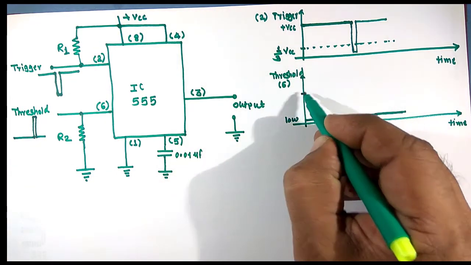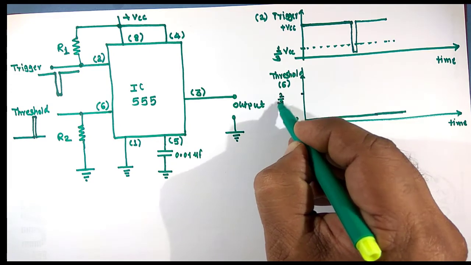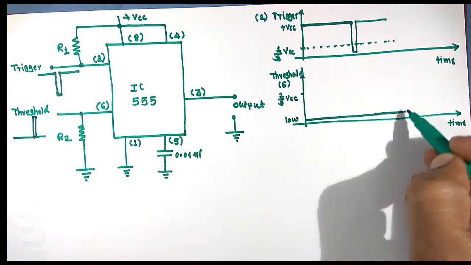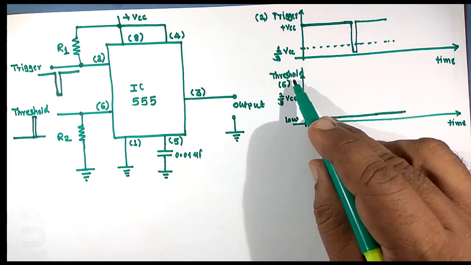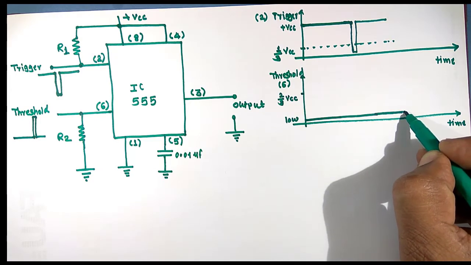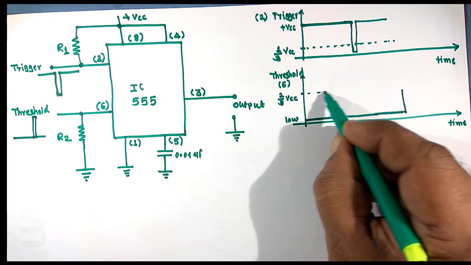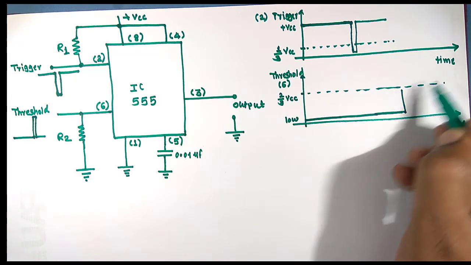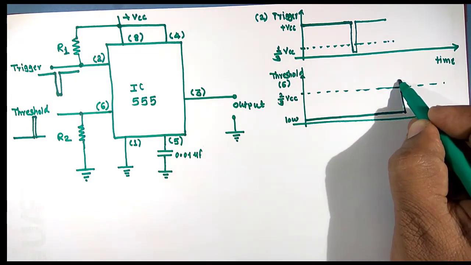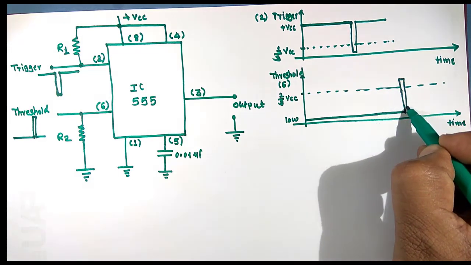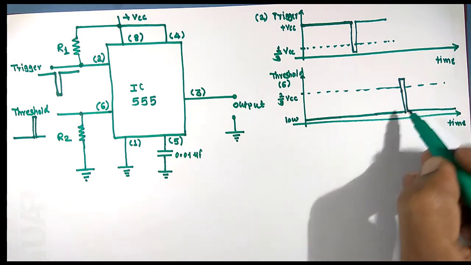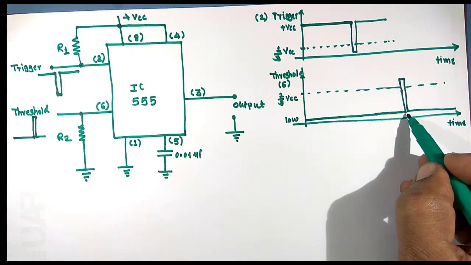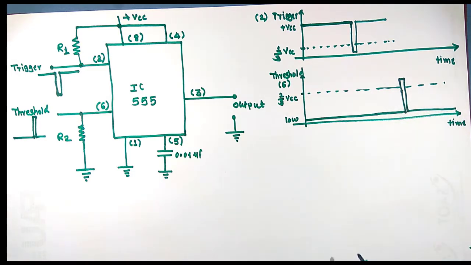Say this is 2/3 VCC. When voltage present at pin number 6 becomes slightly greater than 2/3 VCC, then we can say that the threshold input signal is applied. This threshold input signal is also present for a short time.